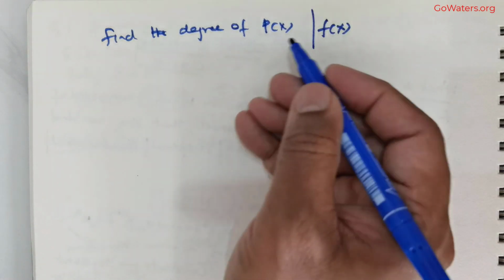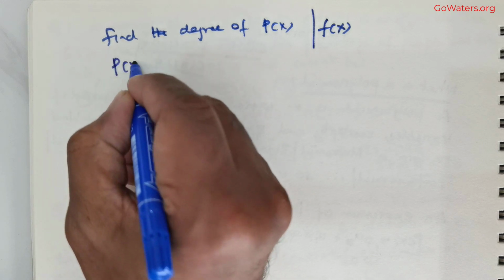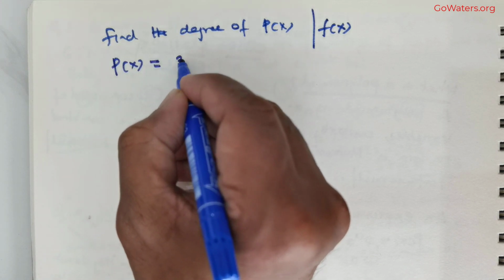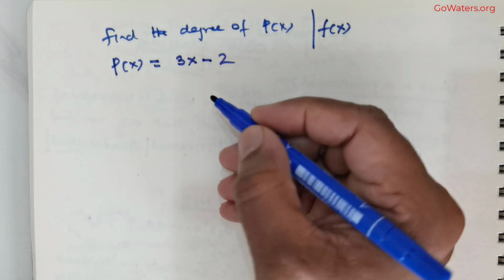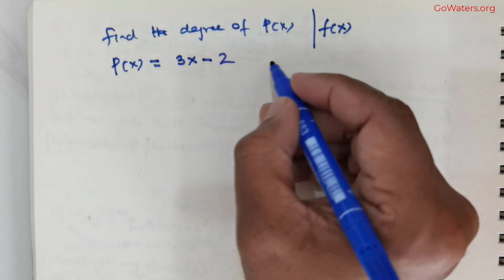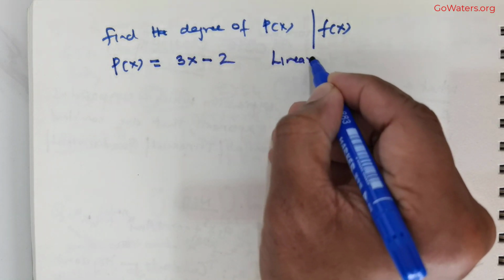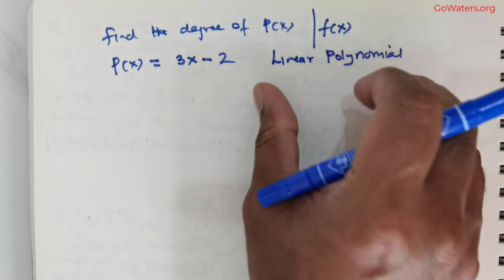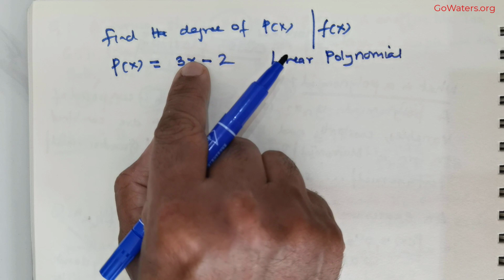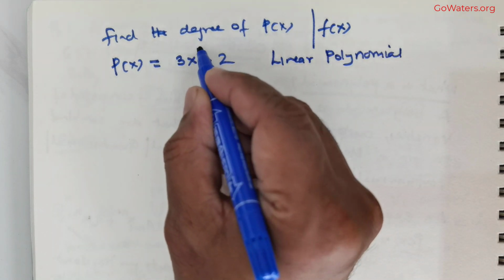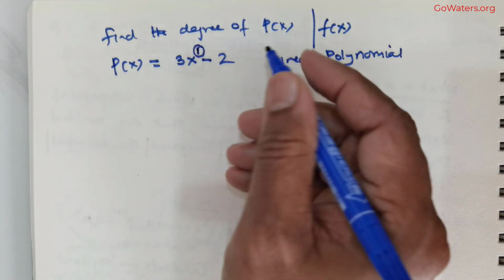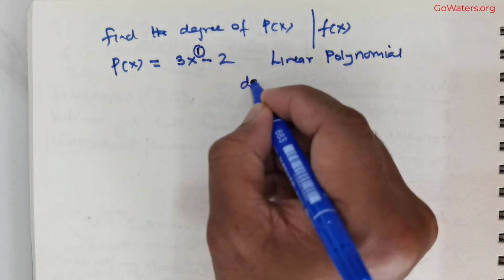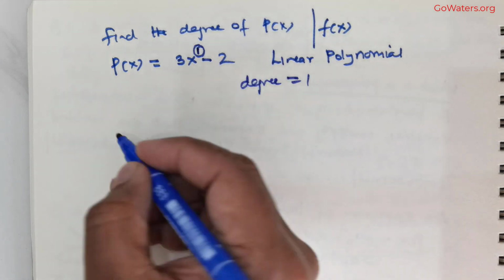It doesn't matter, p of x or f of x. Now we are asked to find the degree of p of x is equal to, say, 3x minus 2. Now this is called a linear polynomial. Linear means the degree of x will be 1. So in this case you can see the degree is 1, but they don't specify it here. So the degree is equal to 1.